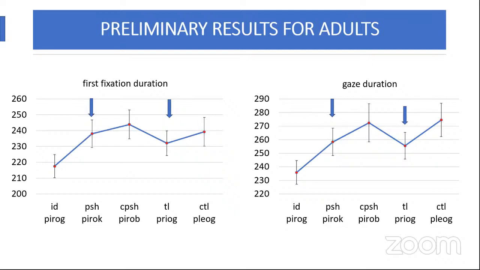So when adults see a pseudo-homophone in the parafoveal region, it takes longer for them to process the target word when they fixate on it. So we can conclude that adults really rely more on the orthographic information in the parafoveal region.